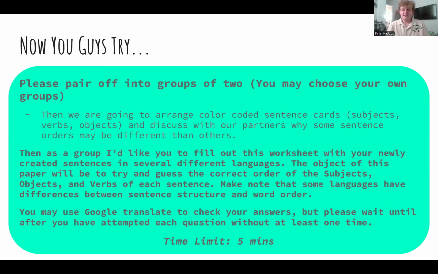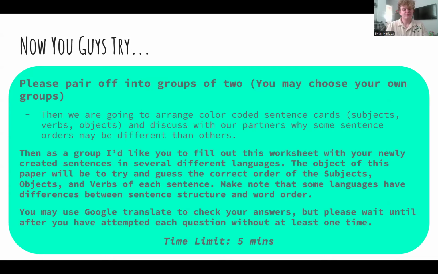It's all going to be the same sentence or the same words, but it's going to be different languages of them. So if you guys can base it off of the sentence structure that you noticed in those, either SVO or OSV, you'll have more success. You'll understand it a little better.